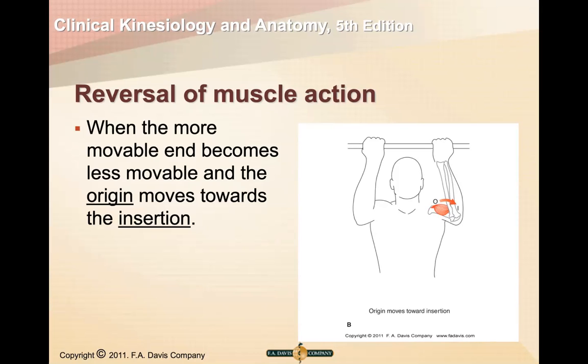In this case, the insertion is fixed on the radius. That radius is not moving, but it's the humerus in the body that's coming up over the bar. So in this case, it's the origin moving toward the insertion. Now, this is very rare that this happens, okay?